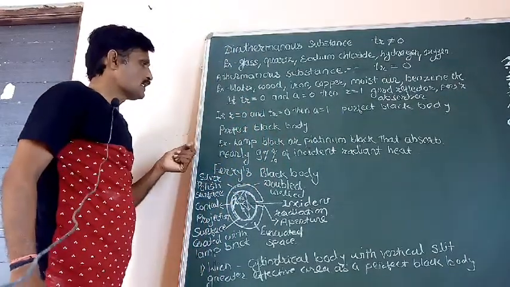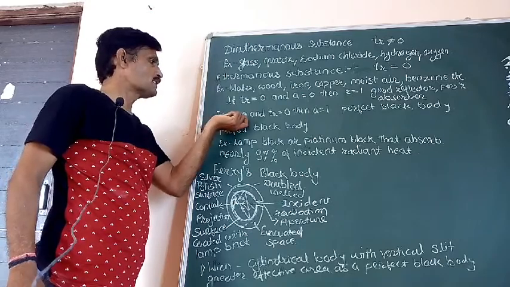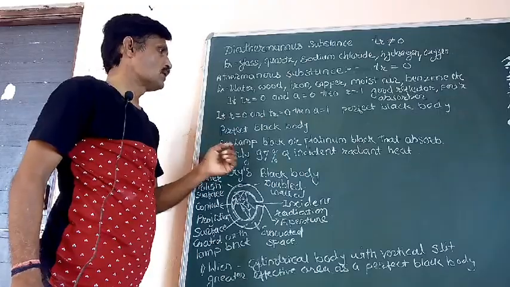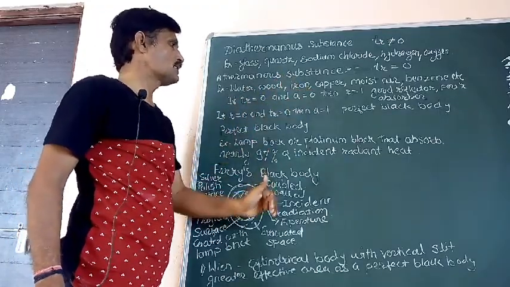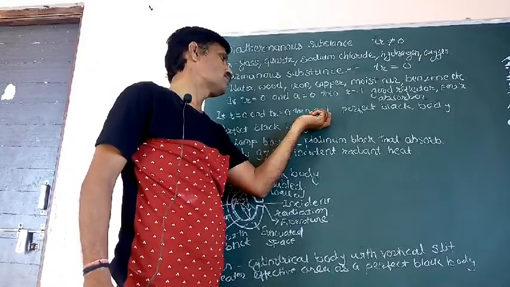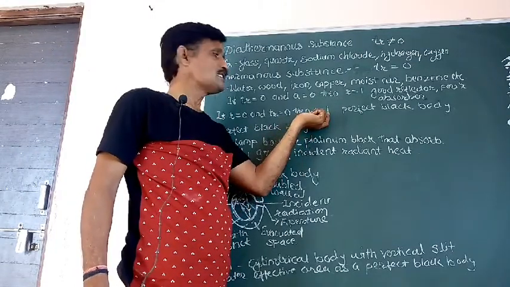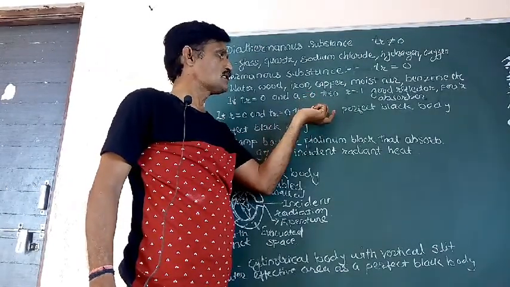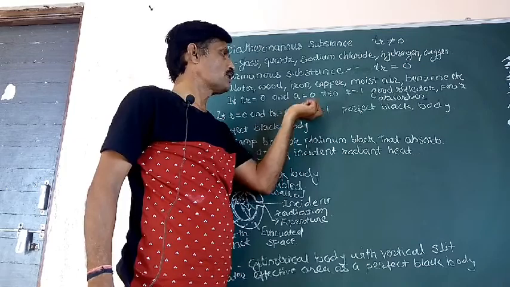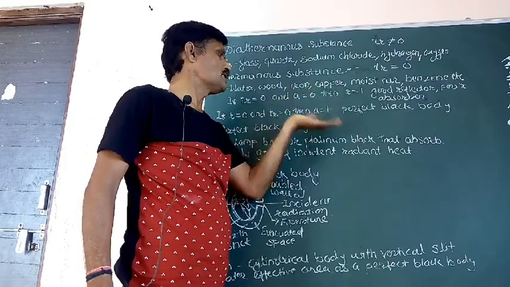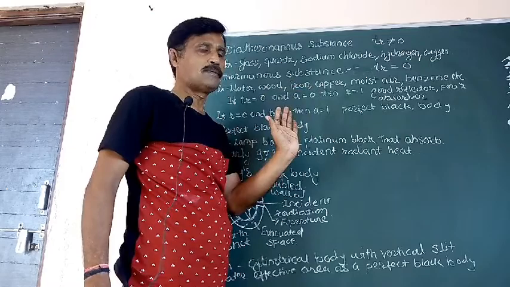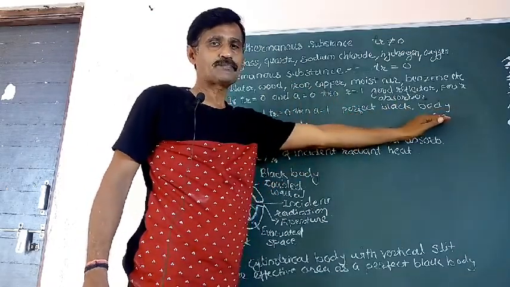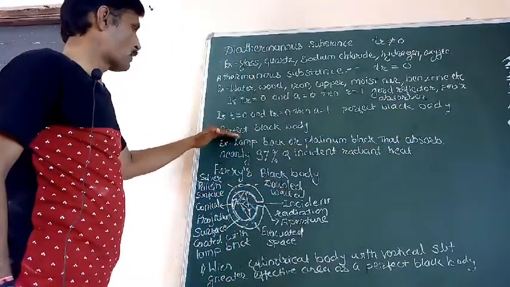In another case, if the coefficient of reflection is 0 and coefficient of transmission is 0 and the whole amount of thermal radiation incident on it is absorbed, that is A is equal to 1, that is a good absorber. When the whole amount of heat radiation incident on it is completely absorbed by the body, it is called perfect black body.